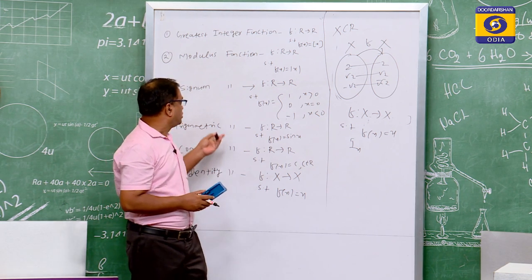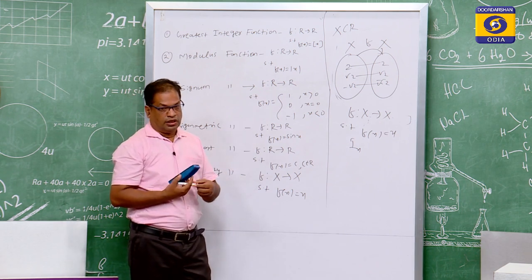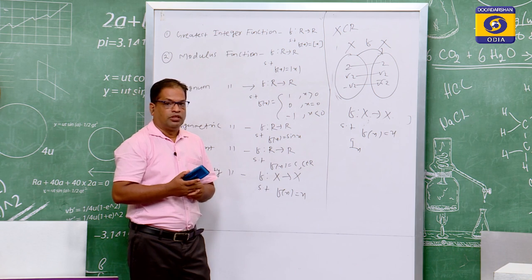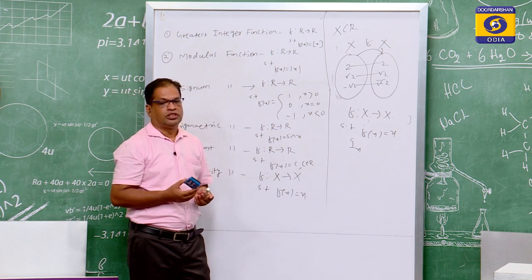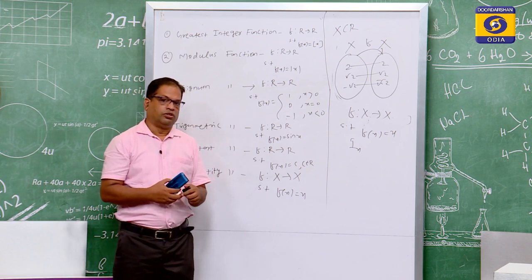So, among these 6 types of functions we have discussed, only the identity function is bijective. The others, greatest integer function, modulus function, signum function, trigonometric functions and constant functions, are neither 1-1 nor onto.